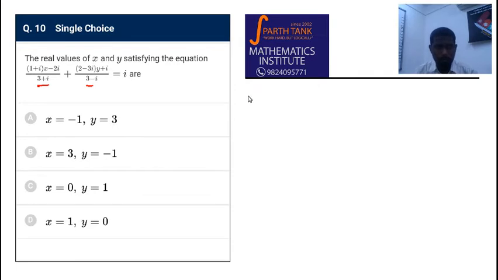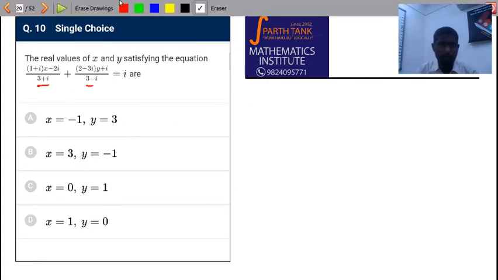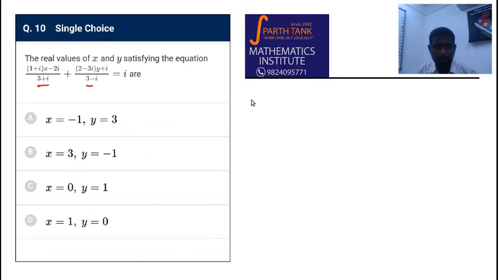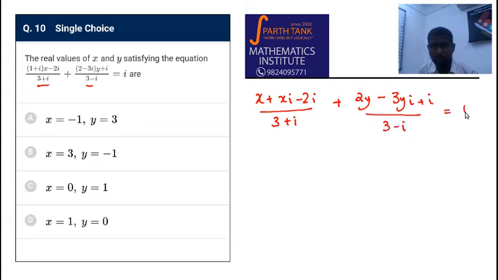Okay. So what I mean is 1 plus i, let us expand the whole terms and write, that is x plus xi minus 2i upon 3 plus i, plus 2y minus 3yi plus i upon 3 minus i are equal to 1. Now this is nothing but x plus (x minus 2) times i by 3 plus i.